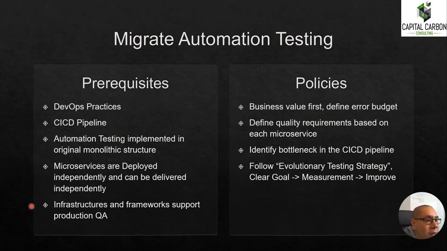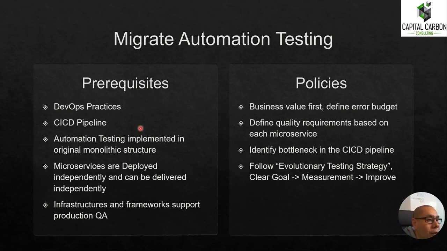Because of the complexity of the microservices, we do a lot of online testing, especially the smoke test and some of the E2E tests in the production. So you need to have the infrastructure to support them. If some of the tests fail, the infrastructure will self-heal, will fix itself.